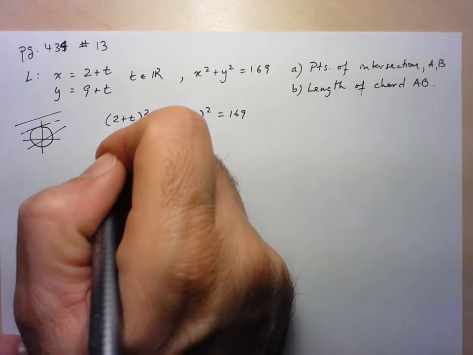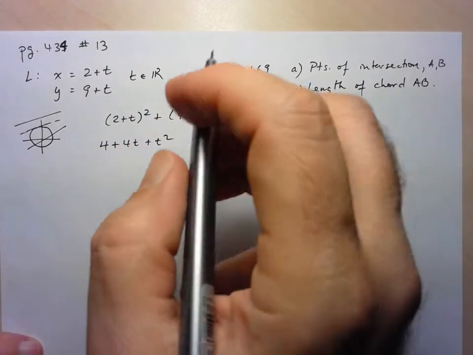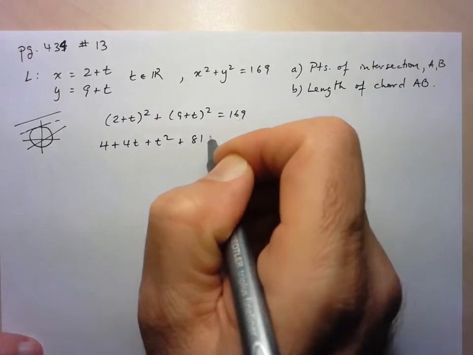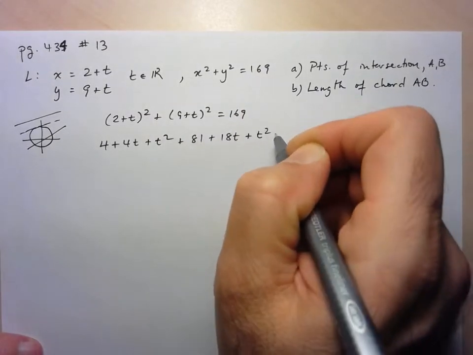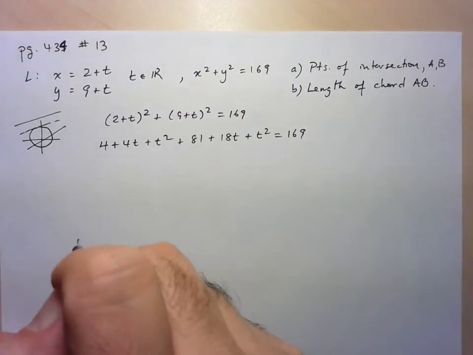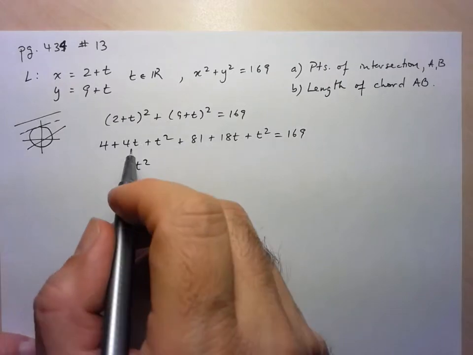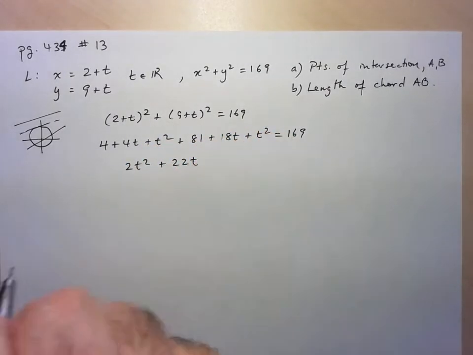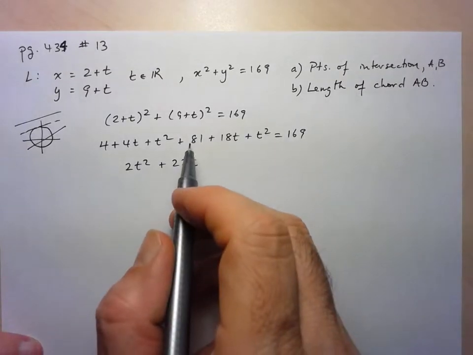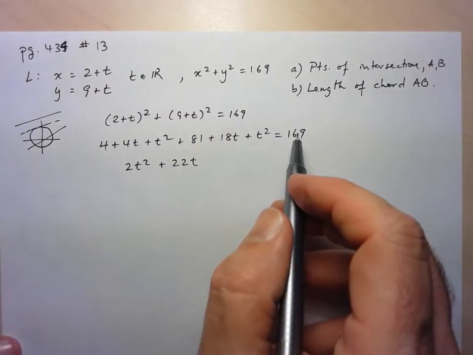So this gives us 4 plus 4t plus t squared, and here we have plus 81 plus 18t plus t squared equals 169. So here we have 2t squared. 4 plus 18 is 22, so 22t. Here we've got 81 plus 4 is 85 minus 169.